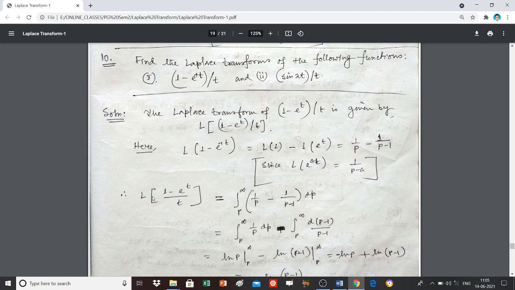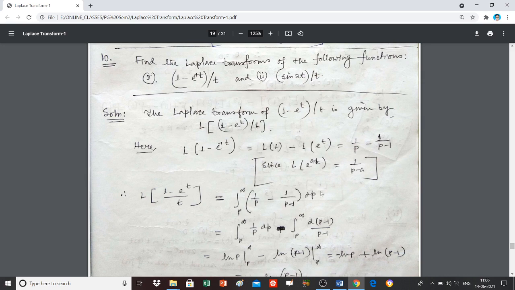Then the function (1 minus e to the power t) by t has the form 1 by x times f(x). In that case, the Laplace transform of such a function is the integral from p to infinity of F(p) dp. So here the Laplace transform of 1 minus e to the power t is 1 by p minus 1 by (p minus 1), and if we divide by t, this can be computed as the integral from p to infinity of (1 by p minus 1 by (p minus 1)) dp.